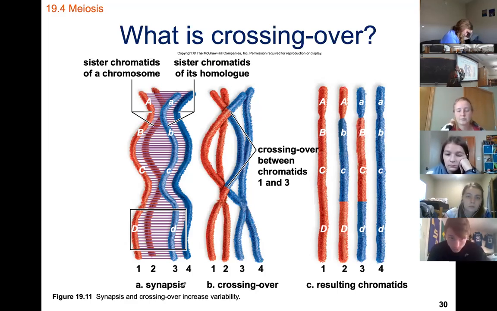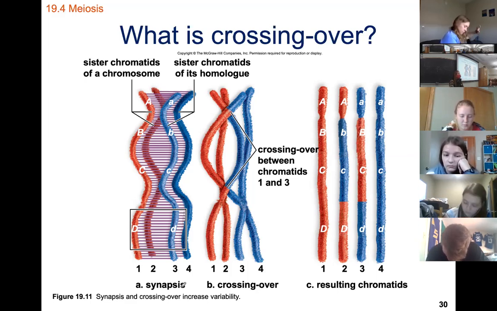That's the X. And then there's another one over here. Crossing over between the chromatids of 1 and 3 allows for the result, which is on the far right here. And now you have some pipe cleaners that are all red, all blue, a little red and some blue, and a little blue and some red. Okay, so that's how we get genetic diversity, through crossing over.